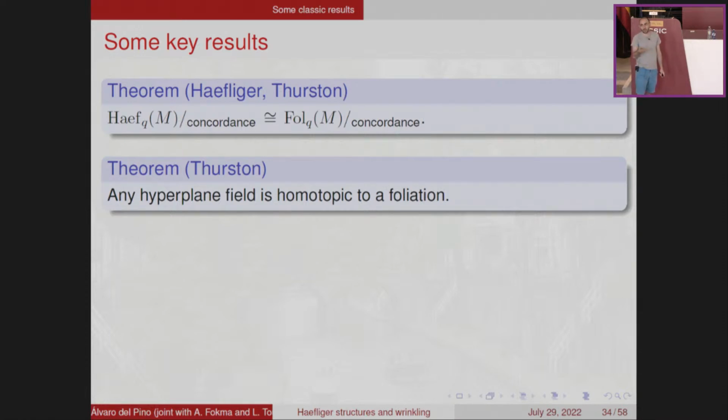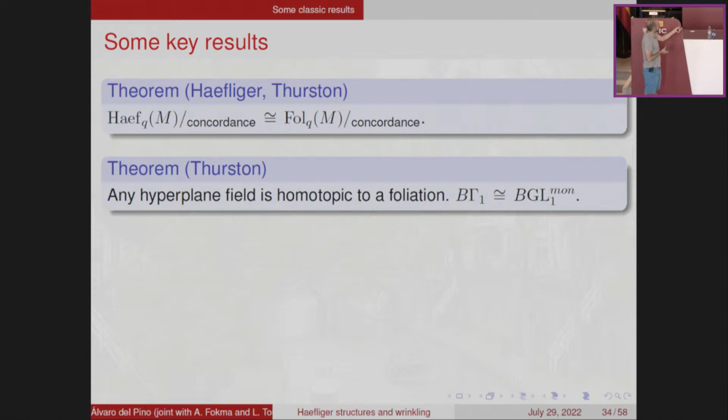Okay, and now at this point, the game is to try to understand the homotopy type of the classifying space. That's what we've done. And let me give you some results. For instance, Thurston proved that, some things were known, but I don't remember who did this before. The general case was done by Thurston. Any hyperplane field in a manifold is homotopic to a foliation. This is a normal person statement. A fancy statement says, I have the classifying space of the germs of diffeomorphisms of R. I have a rank 1 foliation, so its normal bundle is one-dimensional.